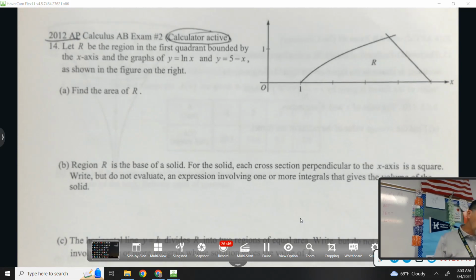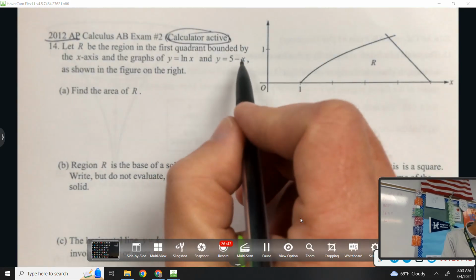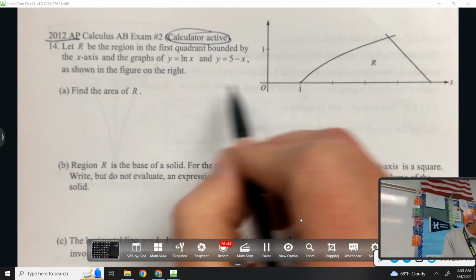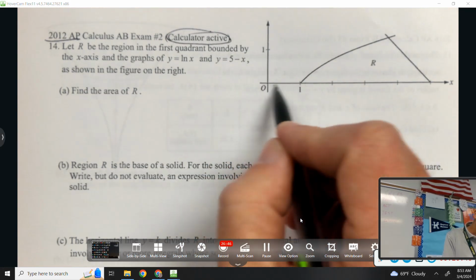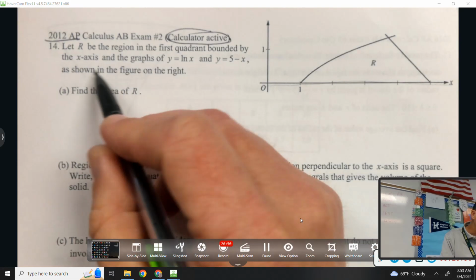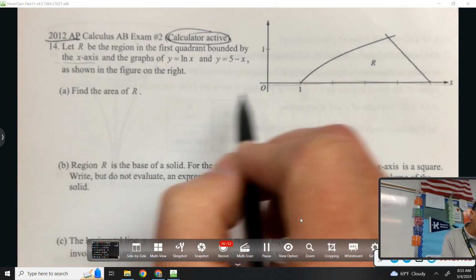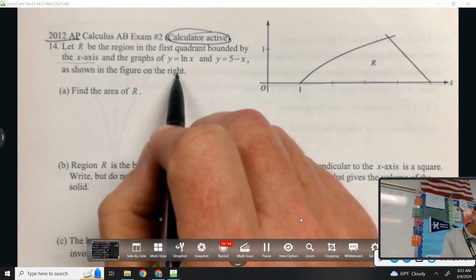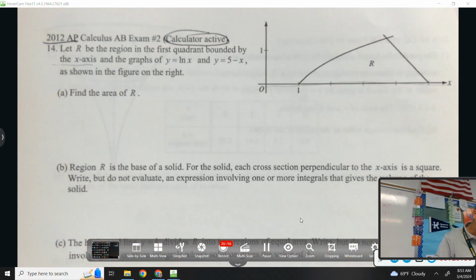Let R be the region in the first quadrant bounded by the x-axis. Okay, yep. Well, if it's in the first quadrant, I don't know that they needed to say bounded by the x-axis, but just to be clear. And the graph of natural log x and 5 minus x.